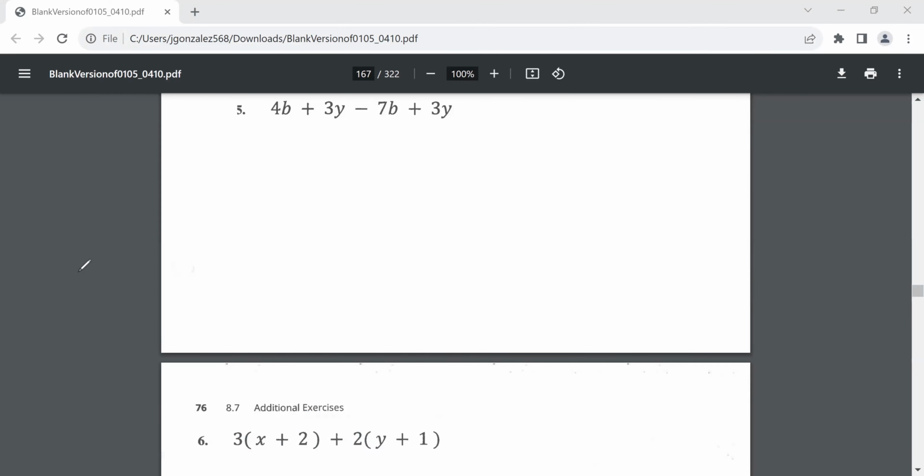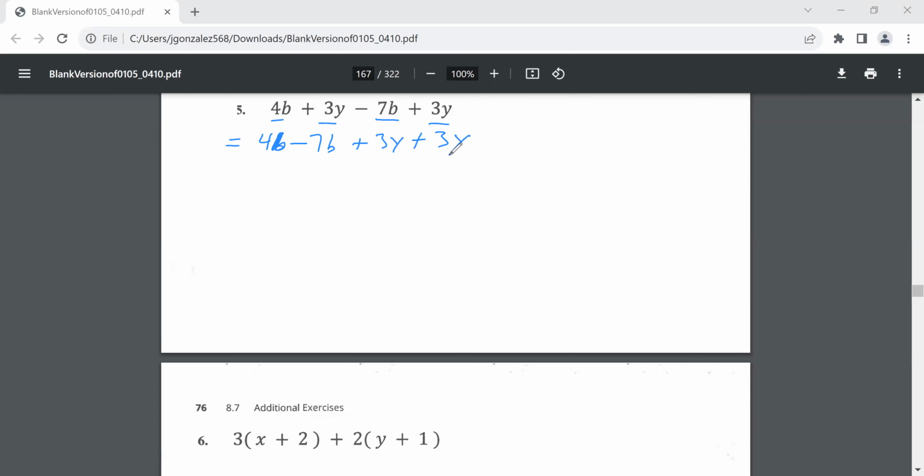So here, again, there's 2 types, right? You got the b's and the y's. Just put them together. Extra step. 4b minus 7b plus 3y, plus another 3y.